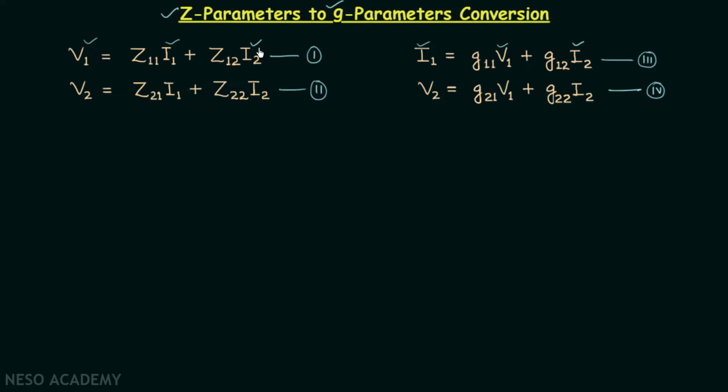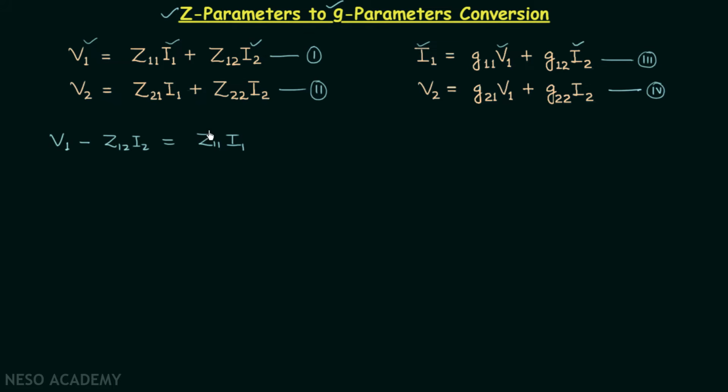Therefore it is very easy to convert equation number 1 in this form. So let us rearrange our equation number 1, and we will first subtract Z12 I2 on both the sides, and this will give us V1 minus Z12 I2 equal to Z11 current I1. Now when you compare this equation with the third equation, you will find here we have I1, but here we have Z11 I1.